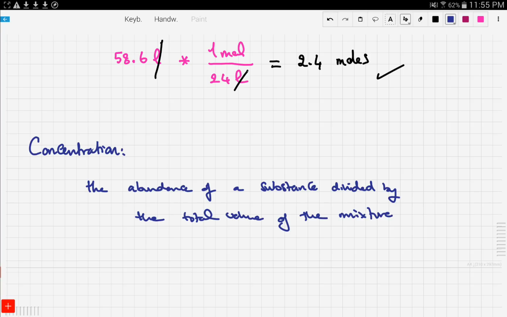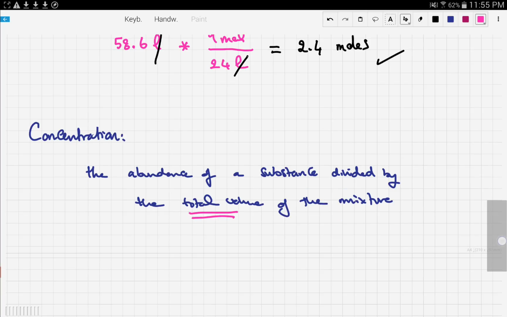Now, what does that even mean? It means how much of a substance there is in a mixture. And it's a very common mistake that students divide by a volume other than the total volume. So be careful. You have to divide by the total volume.